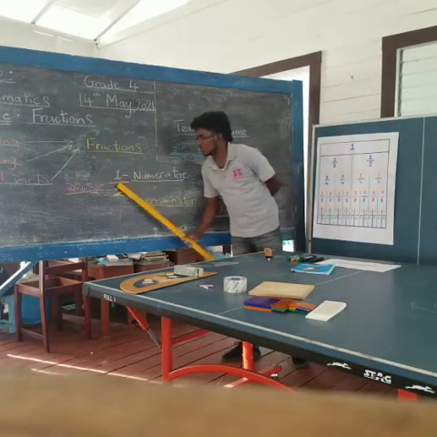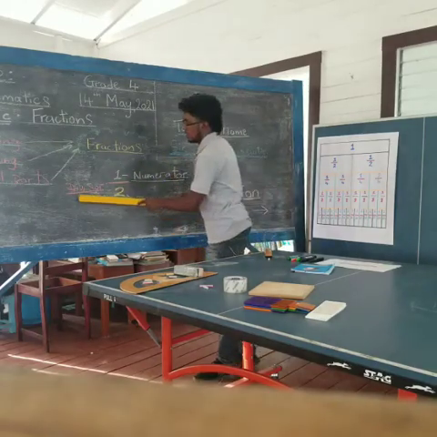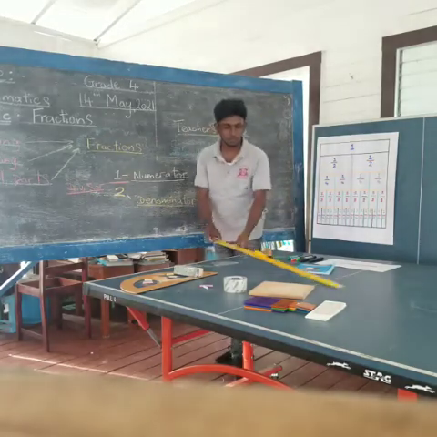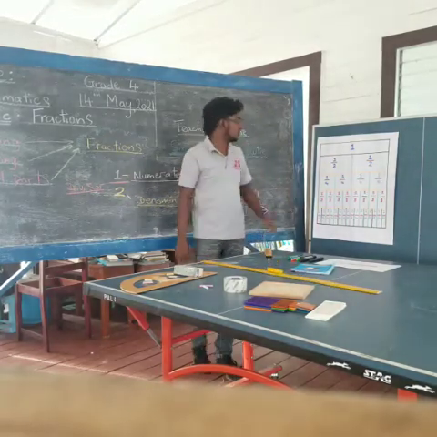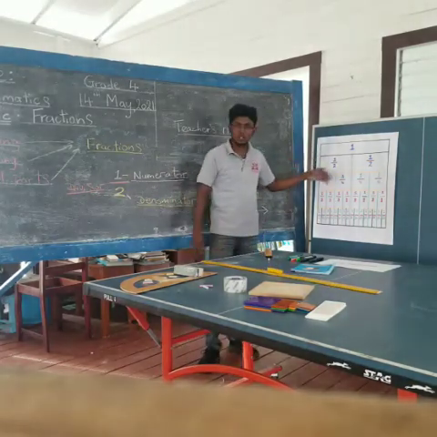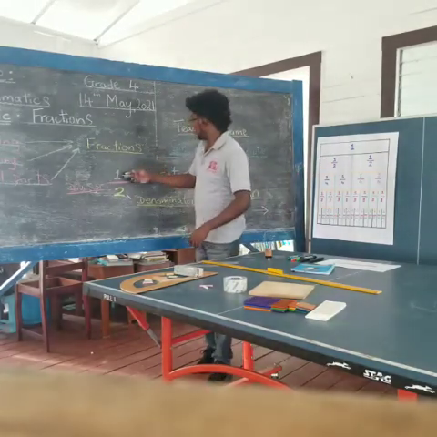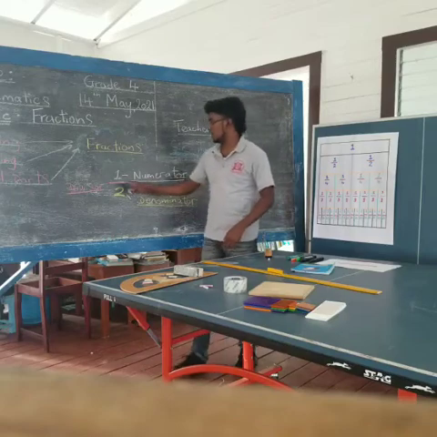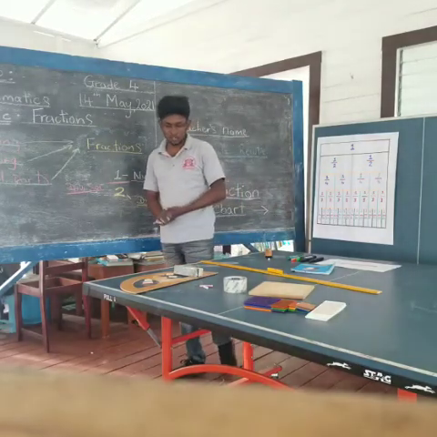And the line in the middle is called a divisor. Okay? All these fractions, the number at the top is called the numerator, and the number at the bottom is called the denominator. And the line in the middle is called the divisor.